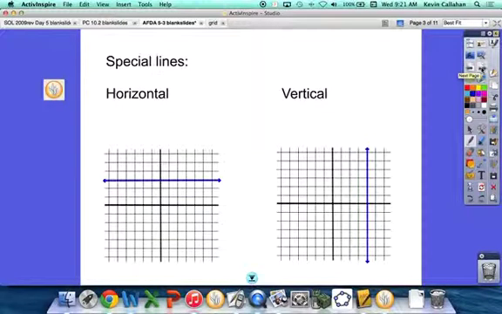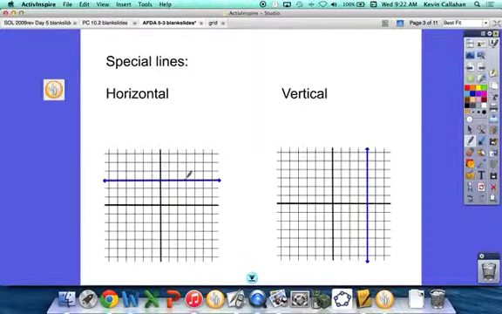Okay, but there's two special lines, right? Horizontal and vertical. And what's special about them in terms of what we just said? Because they only have one variable, right? And a horizontal line, again, what did we say about the slope of a horizontal line? It's 0. Now, if I look at this line in particular, what would you say are the coordinates of this point, right? Right here. The x is 0, the y is... Okay, how about this point right here?